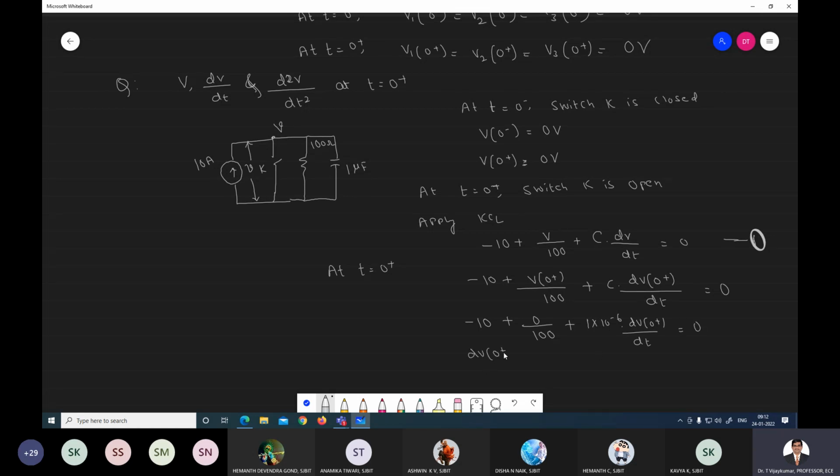Then dV of 0 plus by dt is 10 to the power of 7 volts per second.